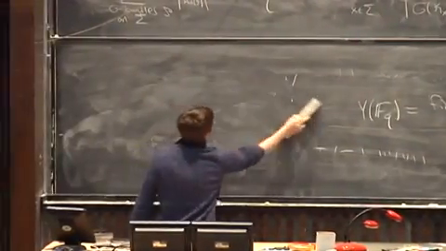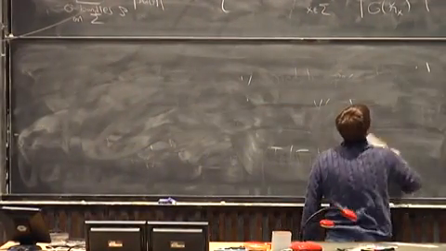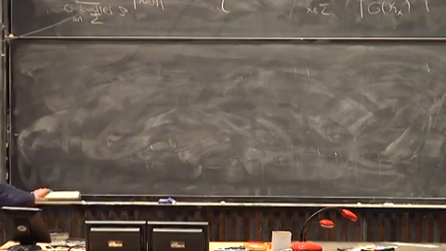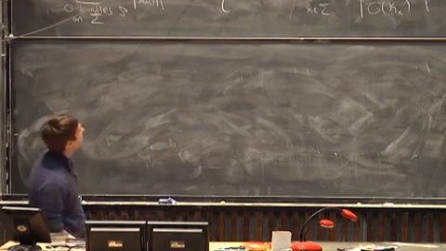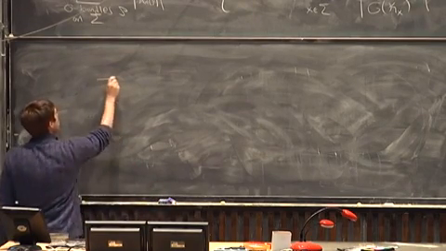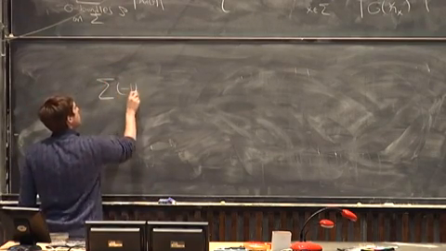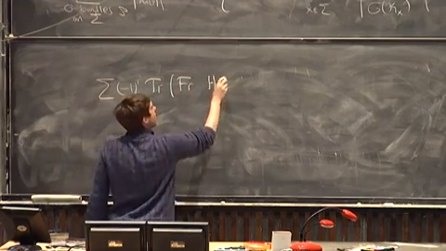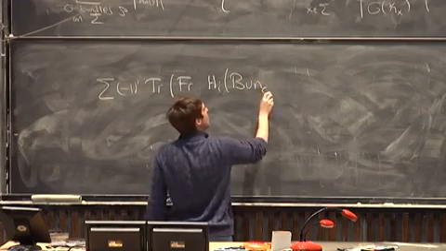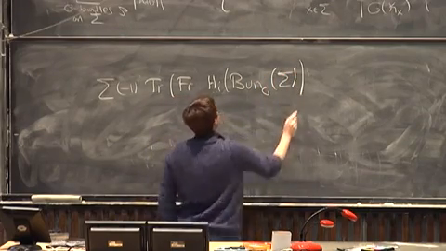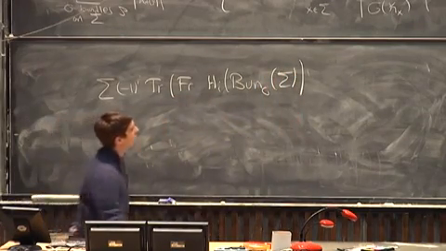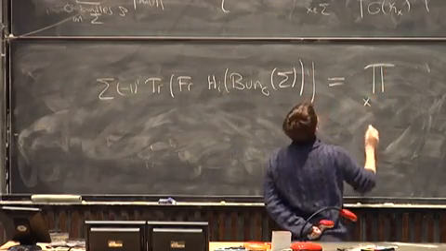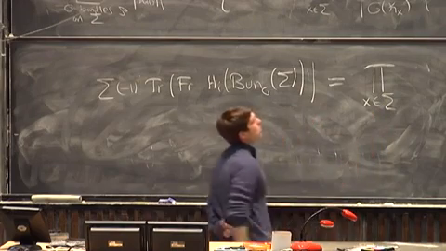But let's take it. So if you believe this statement, then what is the Weil conjecture saying? The Weil conjecture is now saying that if you look at the sum of (-1)^i times the trace of Frobenius on H_i of this moduli space of bundles, that this has an Euler product expansion.